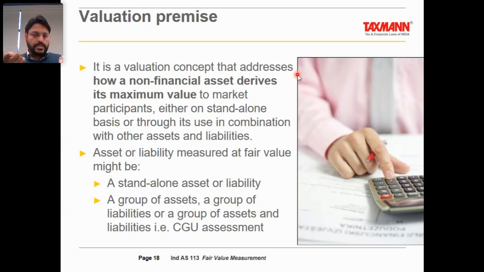Suppose there are 5 fixed assets forming part of that CGU, all those 5 fixed assets will be recorded in my FAR on an individual basis, but still I will be measuring the fair value for that CGU because I have visibility of the future cash flows on the basis of the CGU.